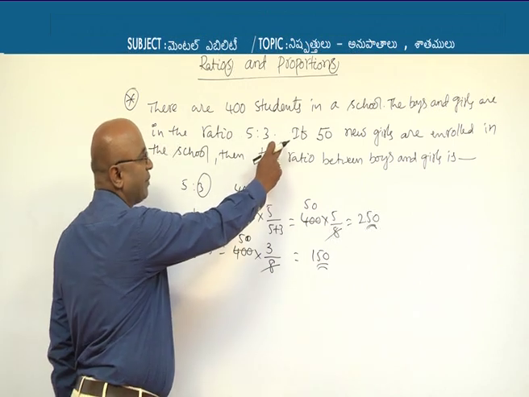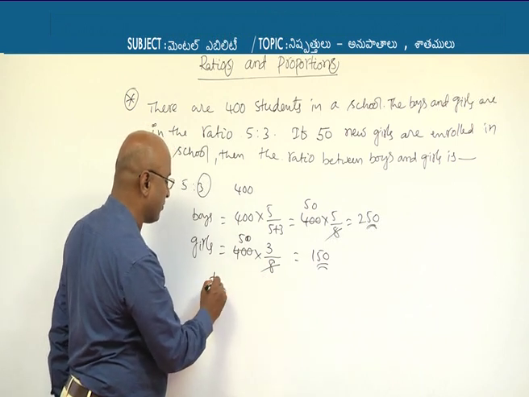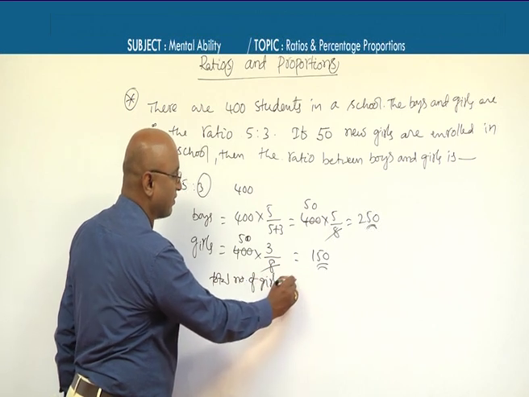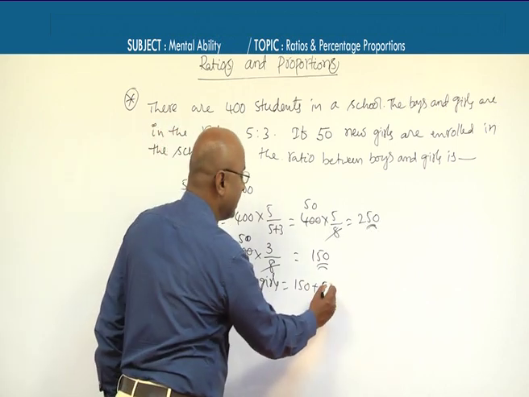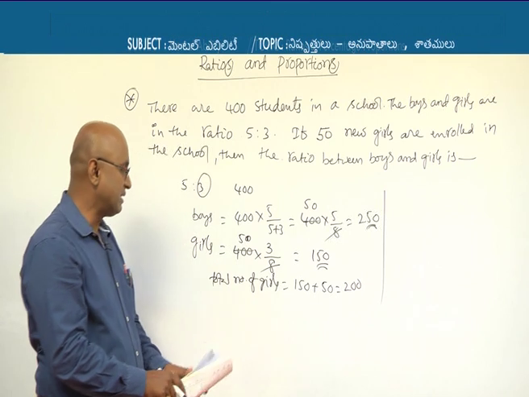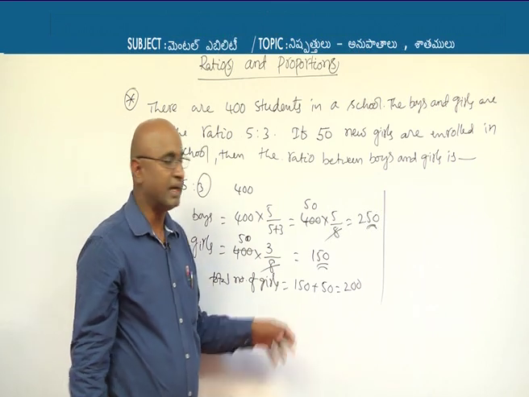ఇప్పుడు మరలా ఒక 50 మంది బాలికలు అదనంగా చేరారు. ప్రస్తుతము బాలికల సంఖ్య, total number of girls is equal to 150 plus additionally added 50, that is equal to 200. Now what he wants, what is the ratio of boys and girls after the enrollment of 50 more girls?